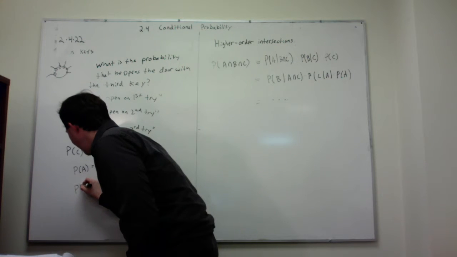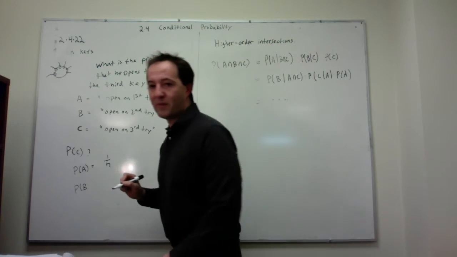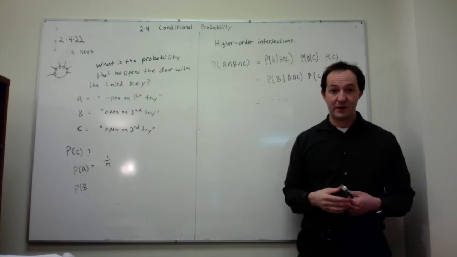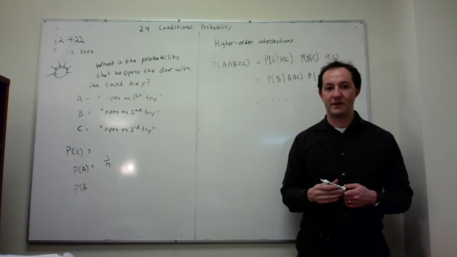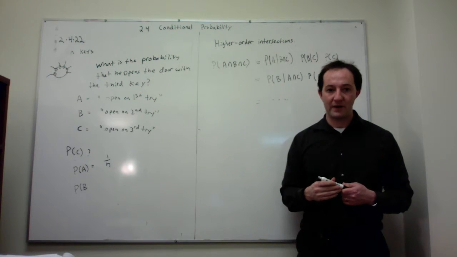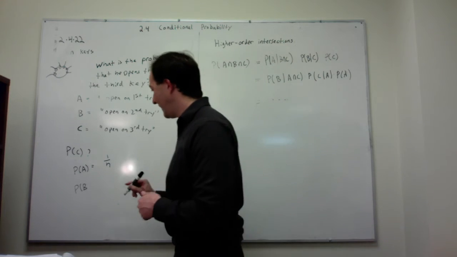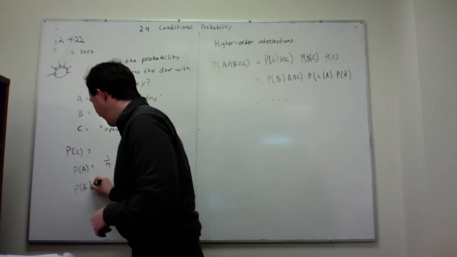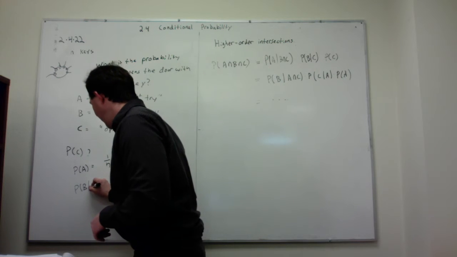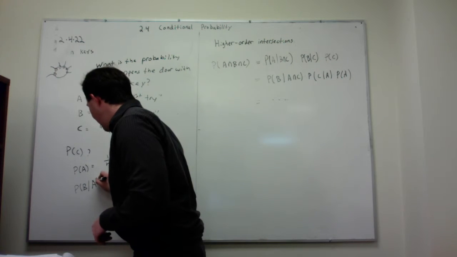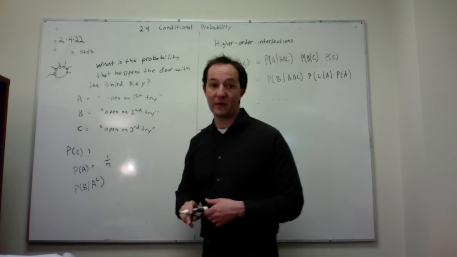P of B by itself, as an unconditional probability, is not immediately obvious how to compute. But P of B given that A did not occur is something that we can write down.